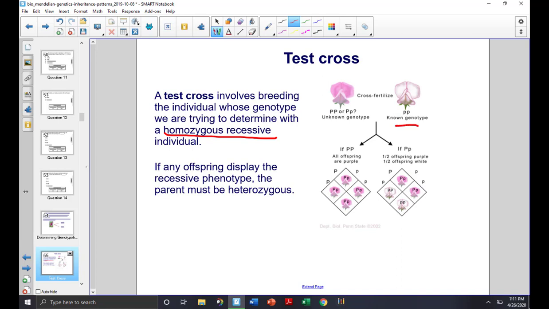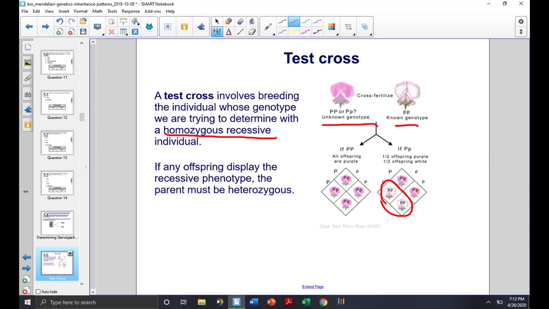If any offspring display the recessive phenotype, then the parent must be heterozygous. So in this case, if we have white flowers, when we cross a white plant with a purple plant of an unknown genotype, that unknown genotype must be heterozygous, big P, little p, because these white flowers had to have received a little p from both parents, including the purple plant with unknown genotype.